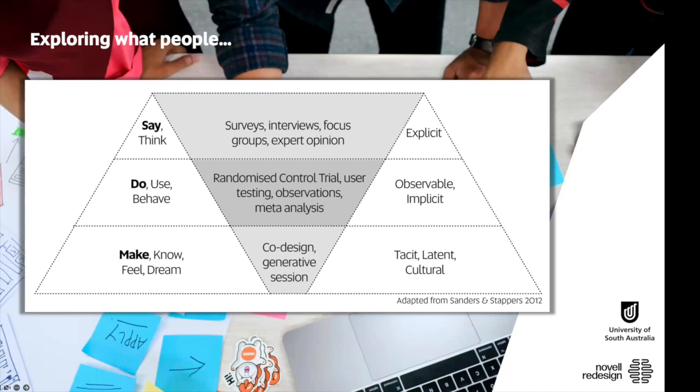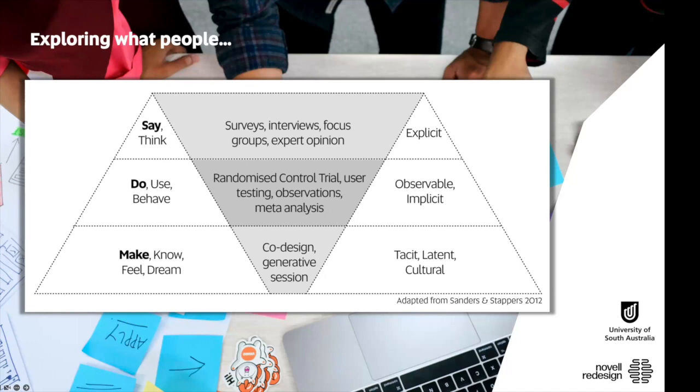So by going through design-based activities or creative activities, we can add to these other forms of research as a part of projects, not replace them, but add to them to come up with some really interesting new ideas that are based on accessing this tacit and latent knowledge that people are holding that is usually incredibly difficult to access.